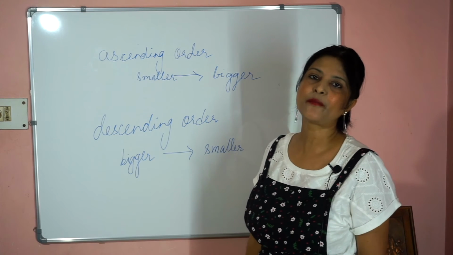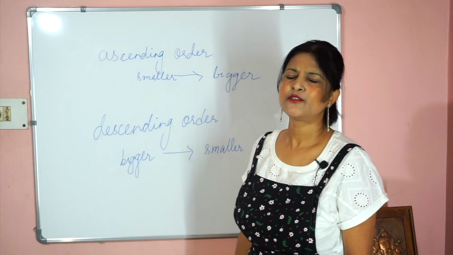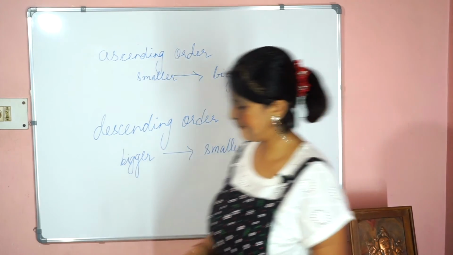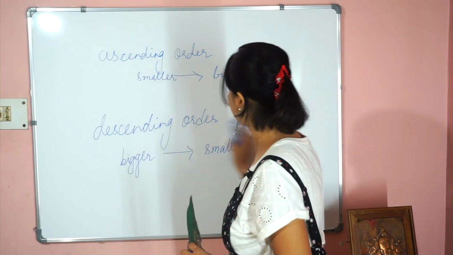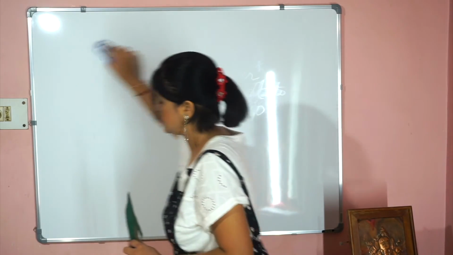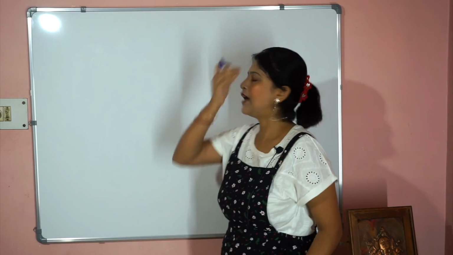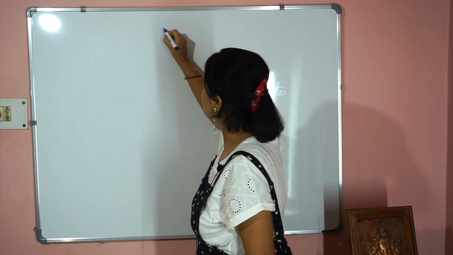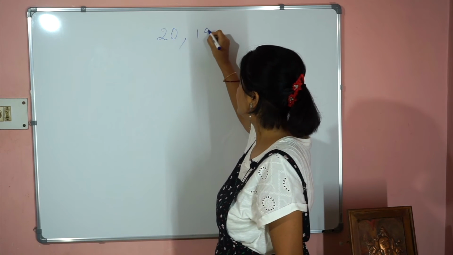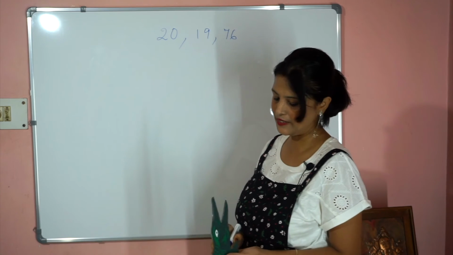Now here we will not be comparing only two numbers, we will compare more than two numbers. So in class 1, let us compare three numbers now. Suppose we are given numbers in this way: 20, 19 and 76, right.